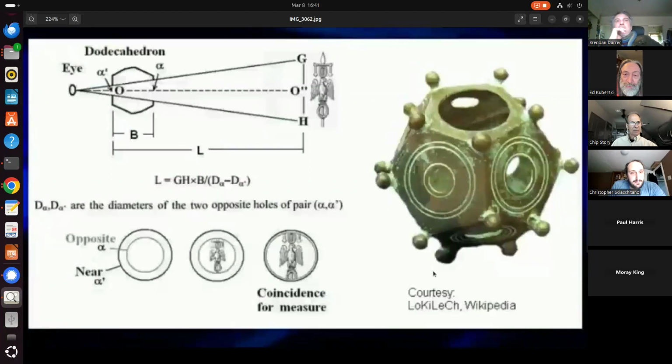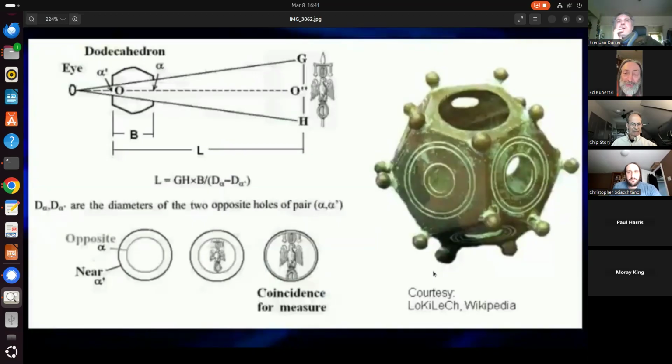Digest this for a moment. Just looking at some of the simple geometry associated with it, I'm not sure why the nodes or the balls are on each surface there. What are they trying to convey?